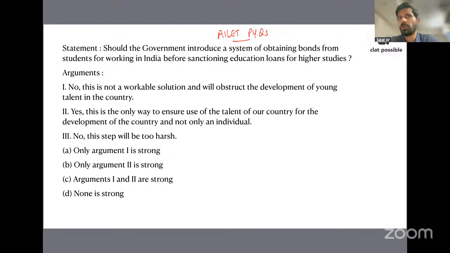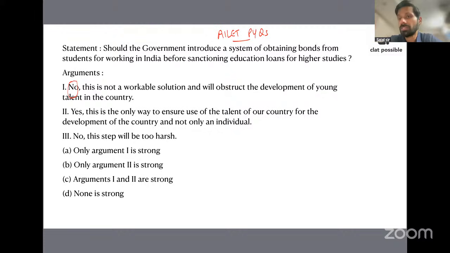That's not good for the society as a whole, for the humanity as a whole, right? If student mobility is restricted for some reason or the other, right? So to say that introduce a system of obtaining bonds before sanctioning education loan, that will be some restriction. Okay, so one looks like a good no, and also the reason is a good reason, right?